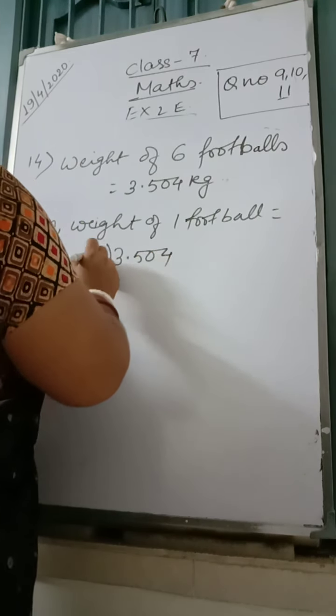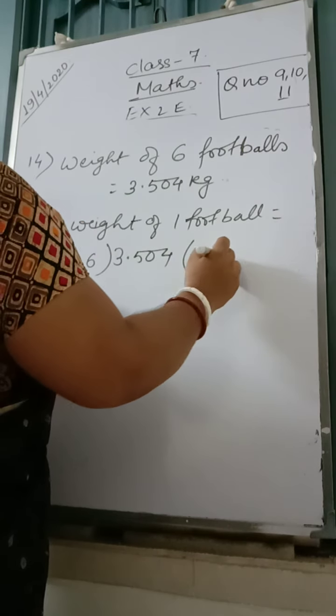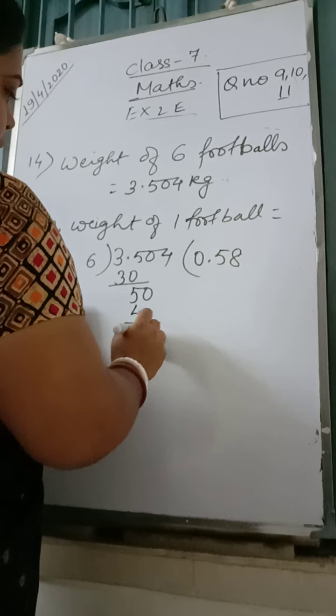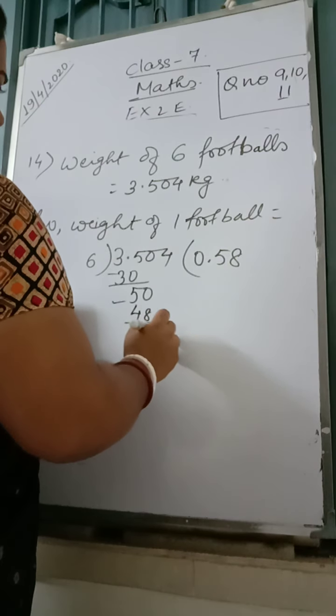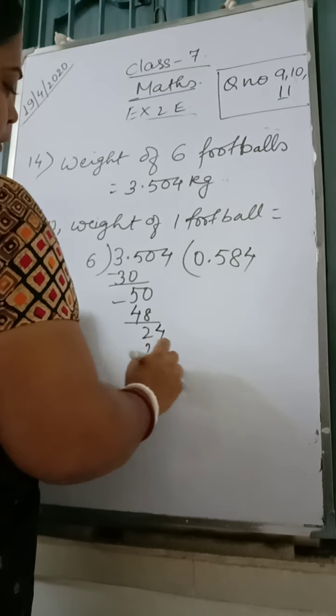3.504 divided by 6. 0, 6 5s are 30, 6 7s are 42, 6 8s are 48, 6 4s are 24. 0.584 kg.